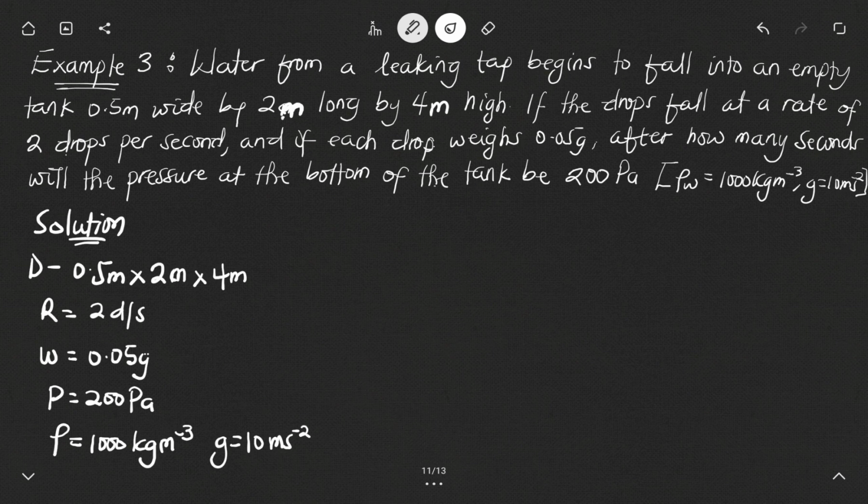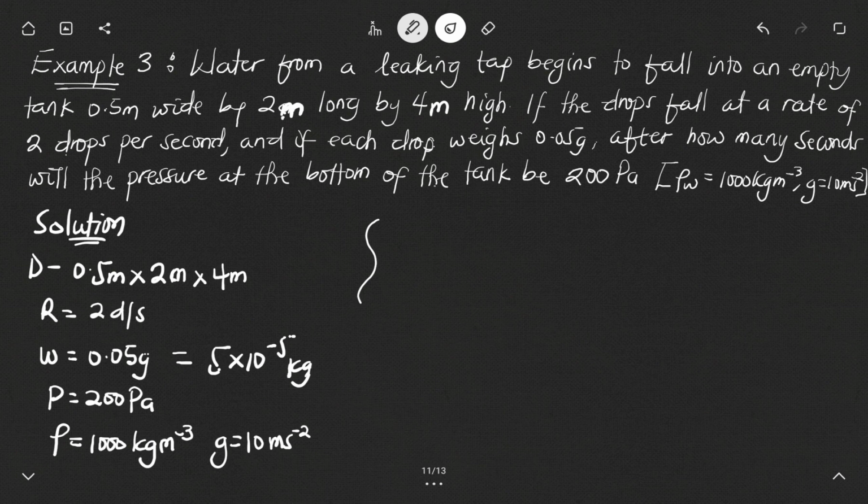So the only thing I need to convert to conform to all the units is the weight, from gram to kilogram. So I need to divide by 1000. If I divide 0.05 by 1000, I'm going to get, let me write it in standard form, 5 times 10 raised to the power minus 5 kilogram. All right, so that is my unit in kilogram.